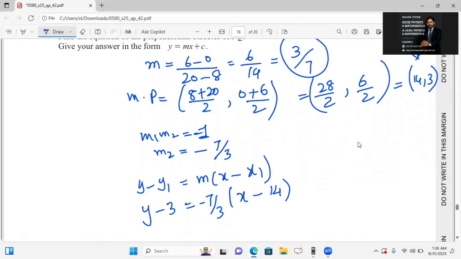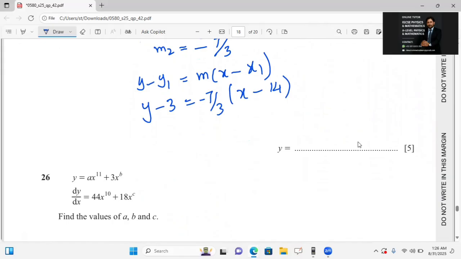So arrange the equation making y the subject. Minus 3 should go over there as well. Then y equals, this 3 is going to be added over there. Then it will become minus 7x, and 7 times 14 is 98, with minus minus plus, over 3.